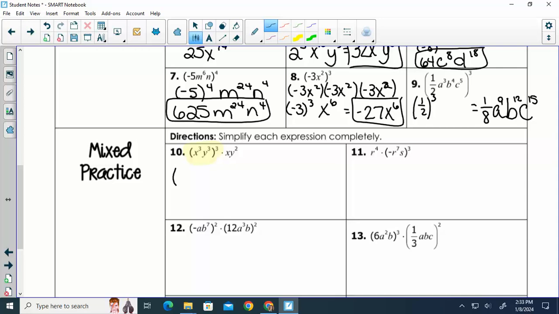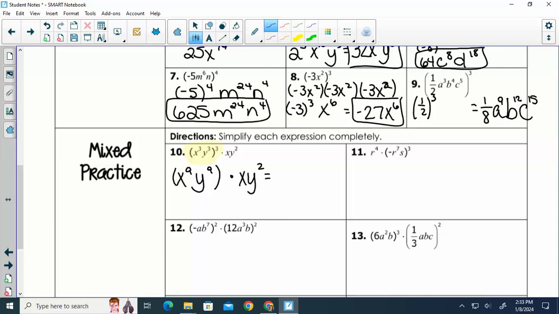Multiply it. So it becomes y to the 9 times my xy squared. Okay. So first, we took that cube through. Is everybody okay on that step?